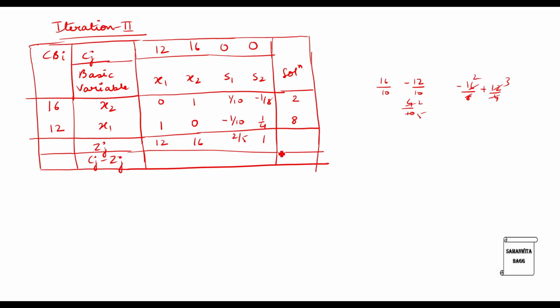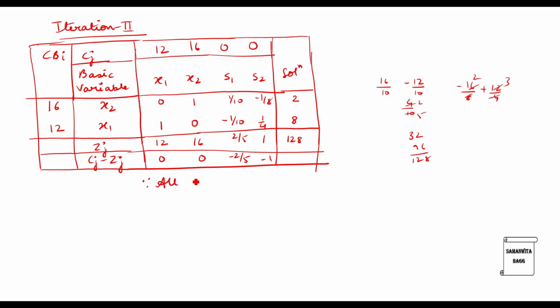So it is just 1. You can also solve this table. 16 into 2 is 32 plus 12 8s are 96. So this becomes 128. 12 minus 12, 0. 16 minus 16, 0. 0 minus 2 by 5, minus 2 by 5. 0 minus 1, minus 1.